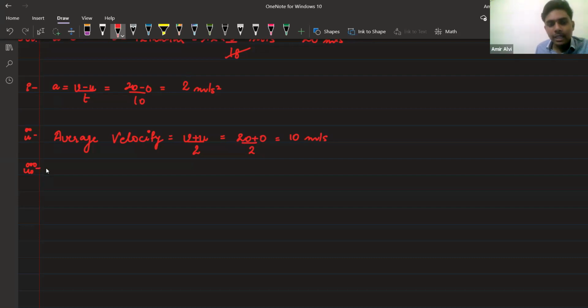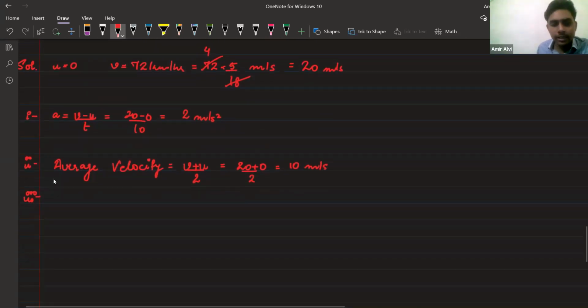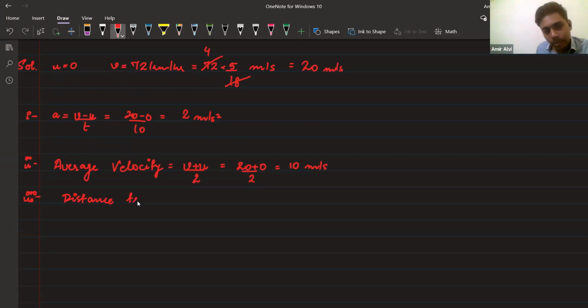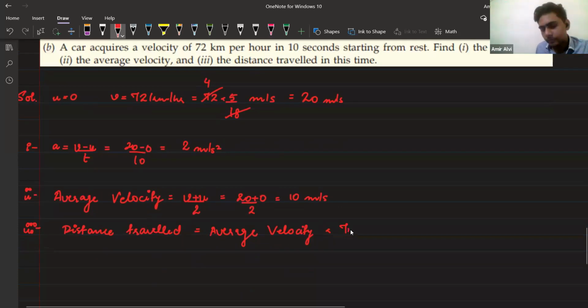Okay. Next, we need to find the distance traveled in this time. We have the average velocity, so distance traveled would be average velocity into time. Average velocity is 10 and time is 10, so it is coming out to be 100 meter.